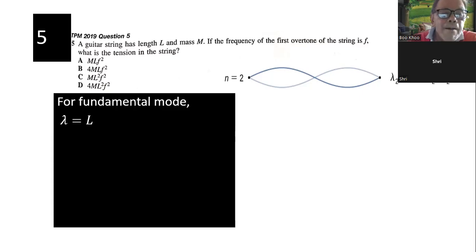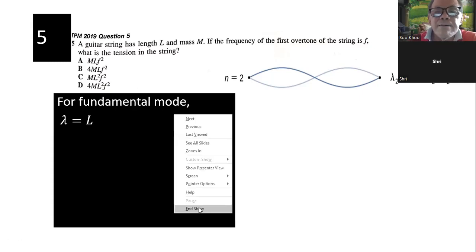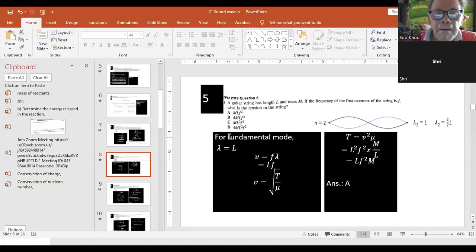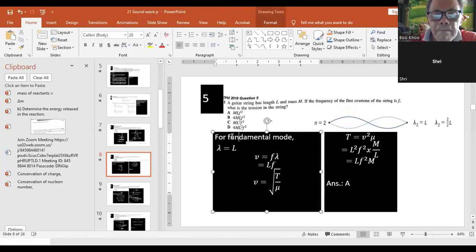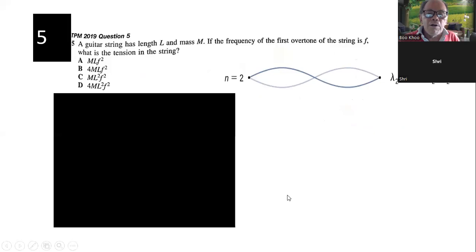Fundamental mode, sorry. It's not the fundamental mode. This is the first overtone. Either you can sketch it out or it must be in your head.